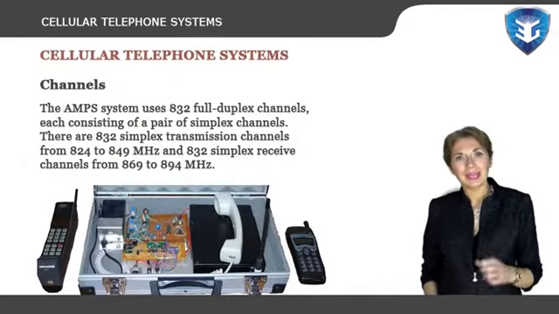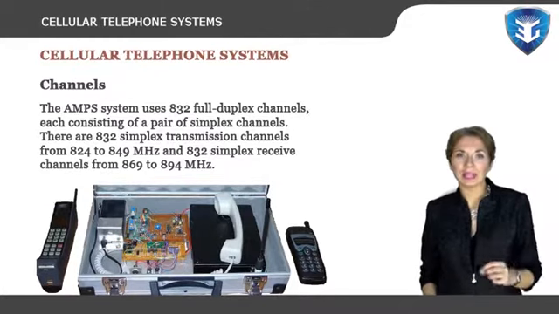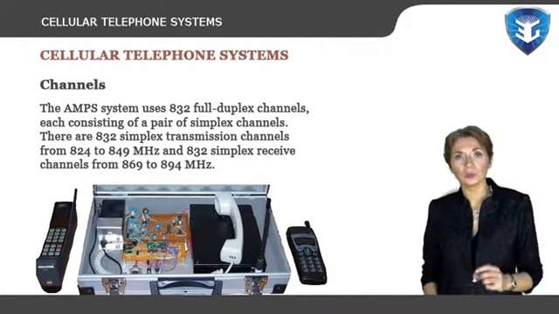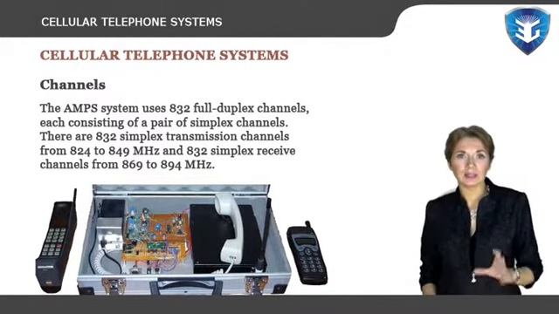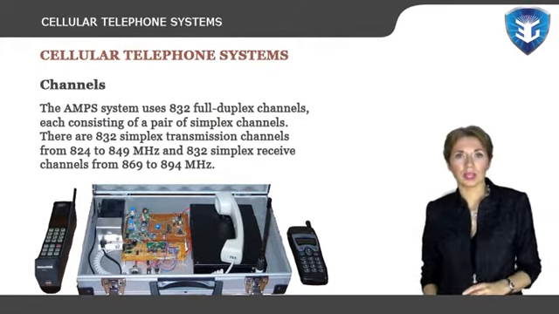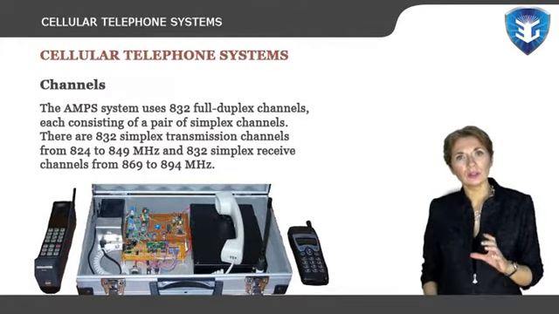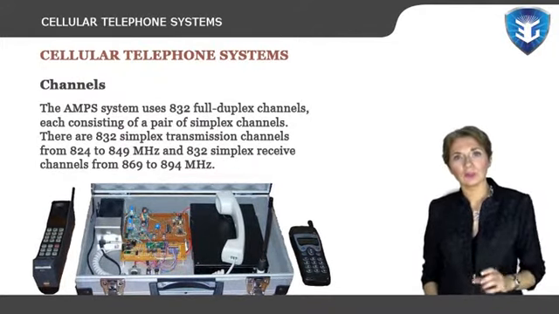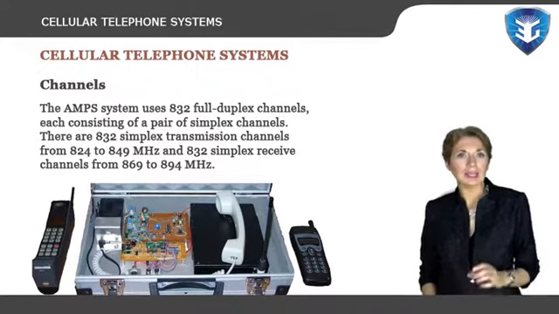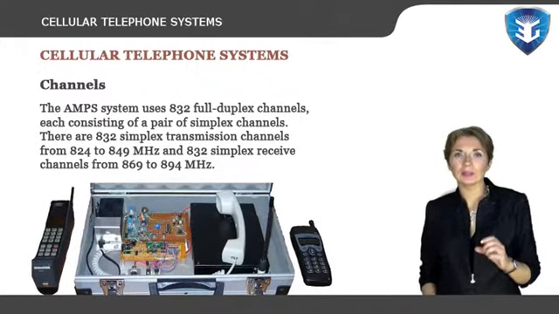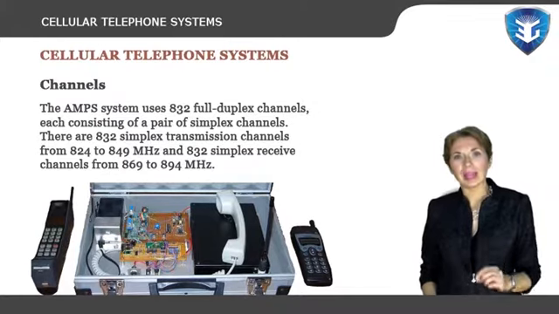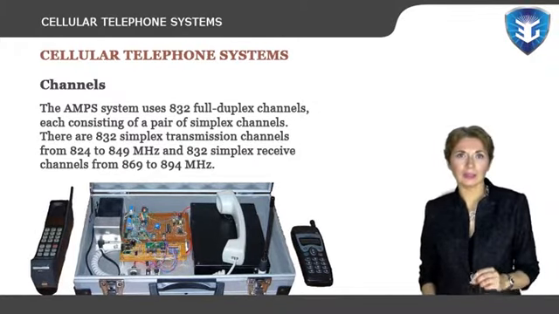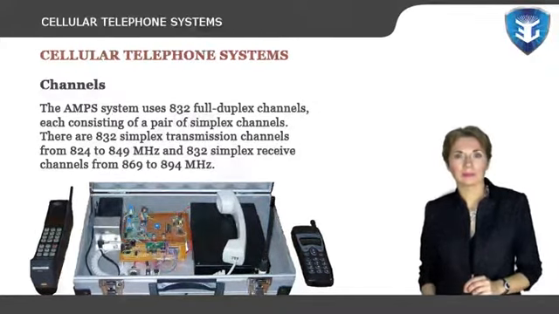Channels. The AMPS system uses 832 full duplex channels, each consisting of a pair of simplex channels. There are 832 simplex transmission channels from 824 to 849 megahertz, and 832 simplex receive channels from 869 to 894 megahertz.